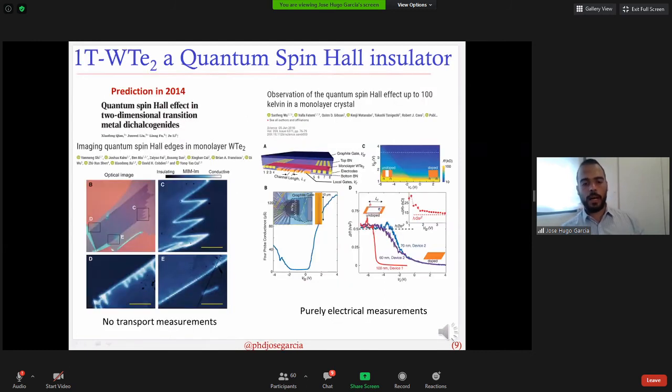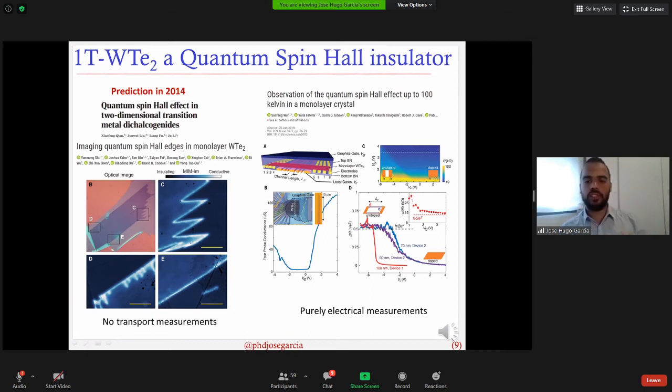So this phenomenon was difficult to realize, and it was a very good prediction that you can achieve it in 2014 by considering tungsten telluride in the 1T phase. The realization of this effect was then achieved in 2017, first by doing some capacitance measurements that determined that there were indeed conductive edge states.